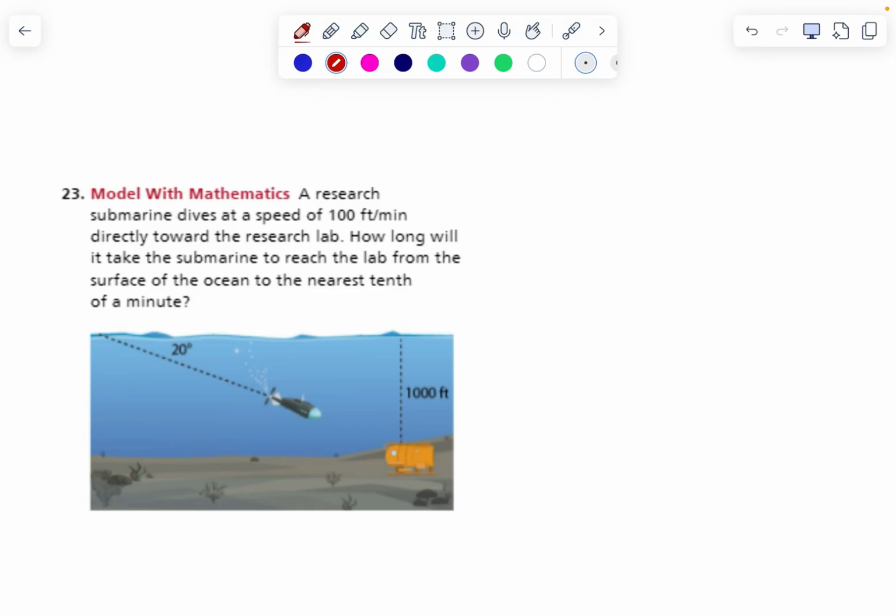This says a research submarine dives down directly toward the research lab. How long will it take? So basically we're trying to decide a distance down there. So this distance. What kind of scenario would you use?